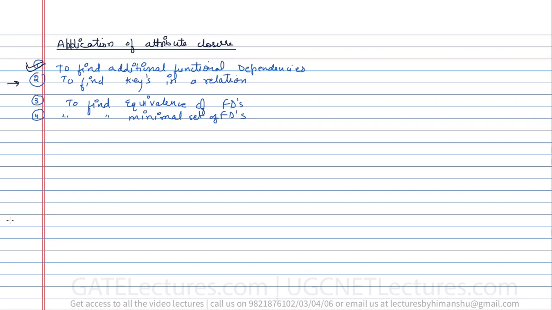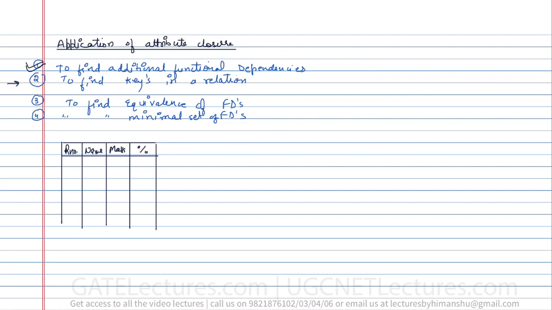Okay, now to find keys we are going to use the attribute closure, and using that attribute closure we can find what are the keys which are present in the relation. See, first of all you should know what is a key. Key means given a value of that key, you can determine every tuple uniquely. For example, if there's a detail about school, right? In school we can have a student, the name of the student, marks of the student, or percentage. So assume it is the roll number of the student, name of the student, marks of the student, and percentage of the student.